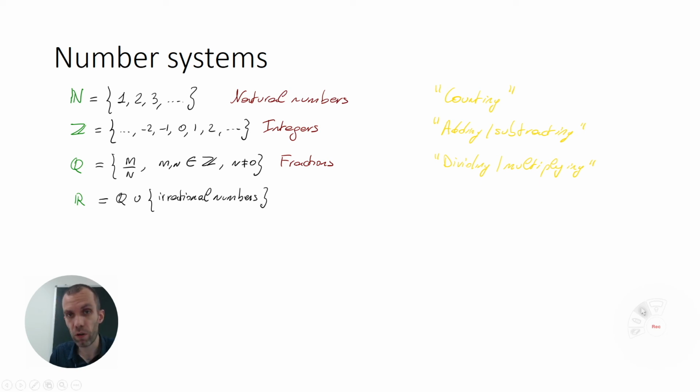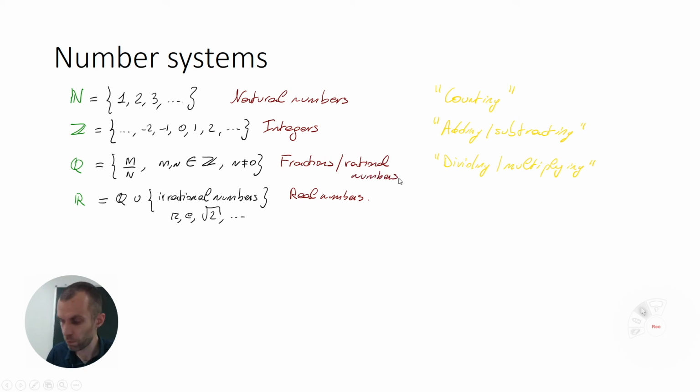And irrational numbers are numbers like pi, e, square root of 2, and so on. So every number that is not expressible as a fraction. And here let me also write fractions as rational numbers.